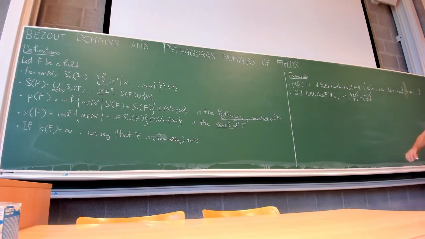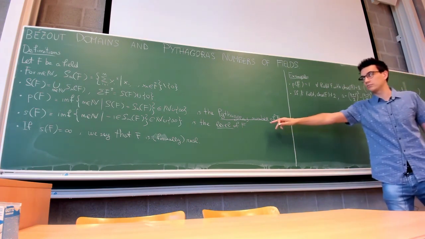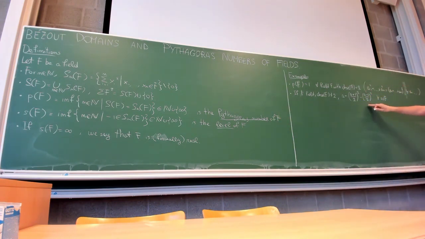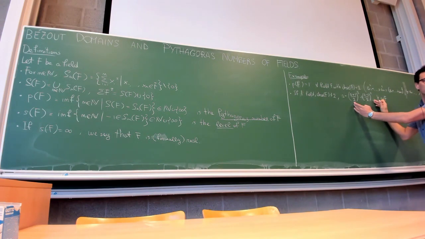So it's just a little trick, and this is nice because it allows us to say that if -1 is a sum of squares, so if the level is finite, by just the definition of level, then any element will be a sum of squares, right?